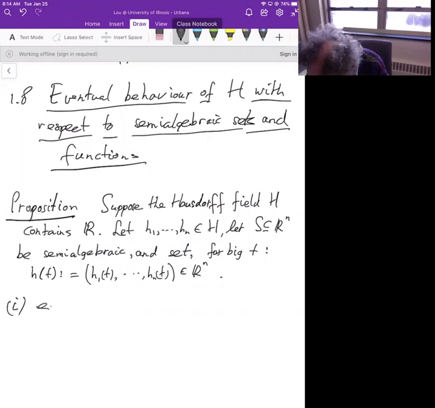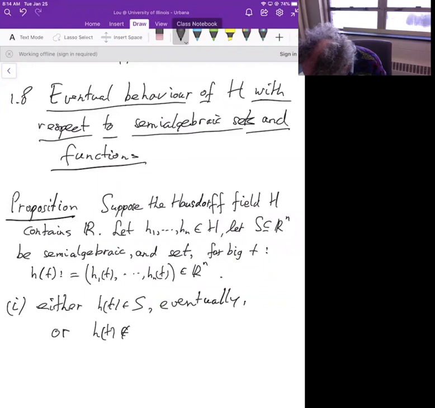Either h(t) will be in S eventually, or h(t) will eventually enter S and stay there, or it will get out of S and never come back, if you want to put it that way.